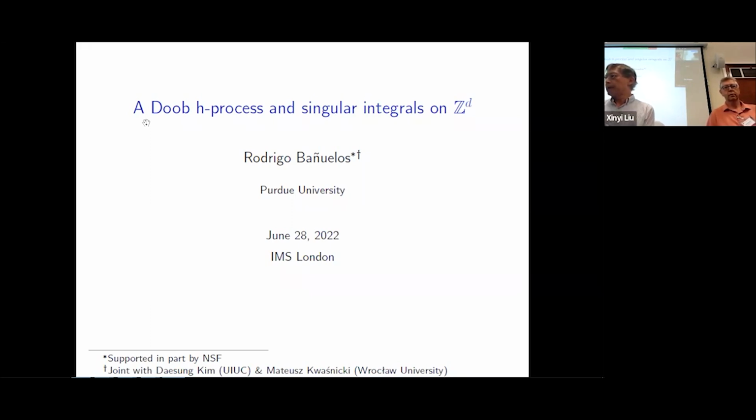Each year, the IMS Committee on Special Lectures selects 4 to 5 medallion lectures based on research achievements in fields across the IMS subject range. This year, Rodrigo, the IMS has selected you as one of the lecturers and invites you to give a lecture titled "A Doob h-process and its applications to singular integrals on Z^d."